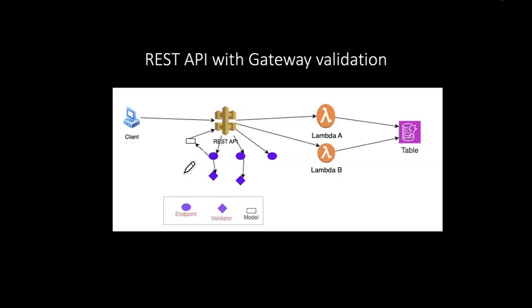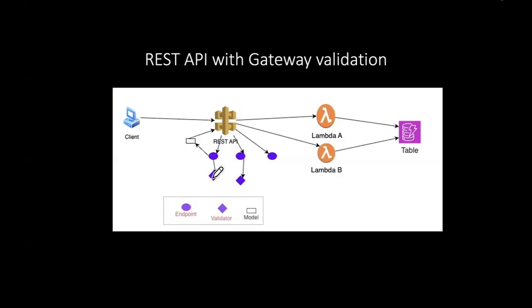Similarly, when you create a validator, you can create validators independently, but when you create an endpoint, you do then have to specify which validator it is using. I think it can only have one validator, but you could use the same validator for more than one endpoint if it came to it. Not sure if that applies in your case. It probably doesn't actually. But again, what I'm trying to get across is also, sorry, if there's a model being used by a validator, the endpoint needs to refer to the model.